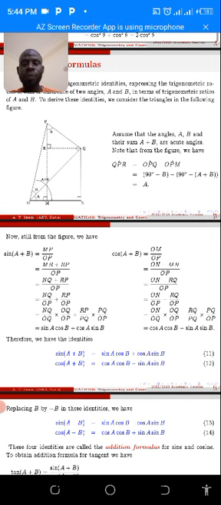So sine of A plus B is MP over OP, but MP is the same thing as MR plus line RP from the figure, because it is a dotted line that is broken into two: RP and MR, over OP.